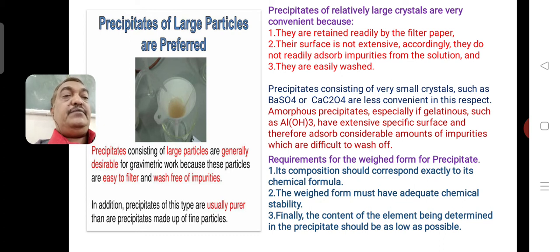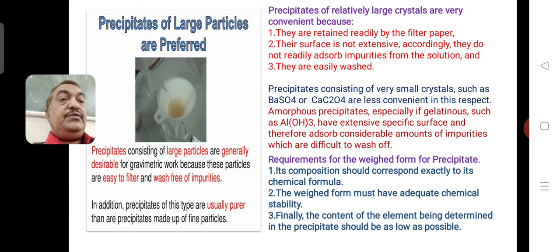For example, barium sulfate and calcium sulfate are very small crystalline substances, and when you see aluminum hydroxide or iron hydroxide, they are somewhat gelatinous in nature. Okay, the requirement for weighing a PPT is that the composition should correspond exactly to the chemical formula.